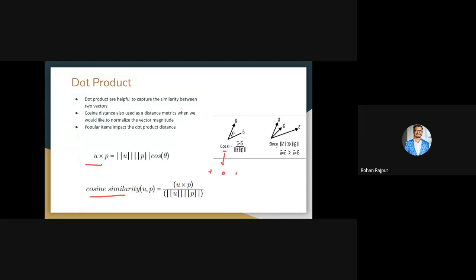Whereas in the dot product we can see that the magnitude of C is influencing the dot product.